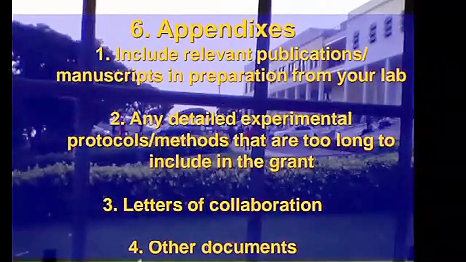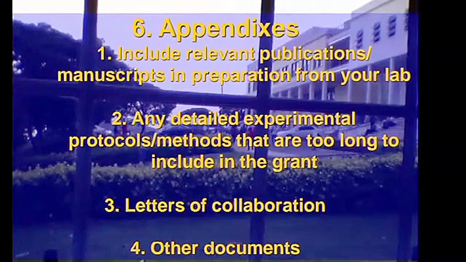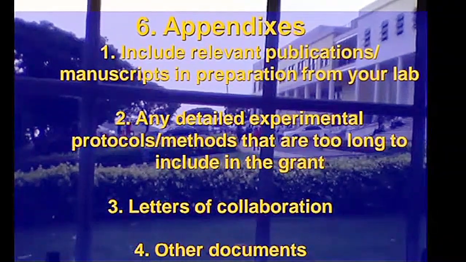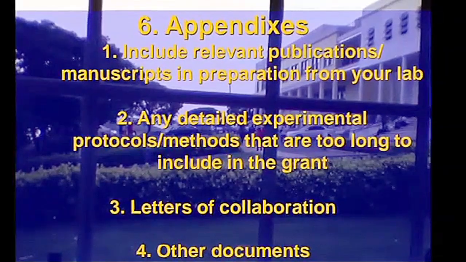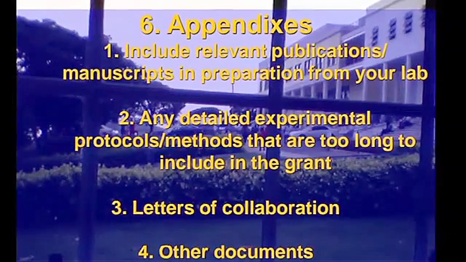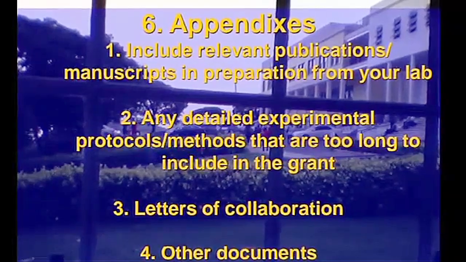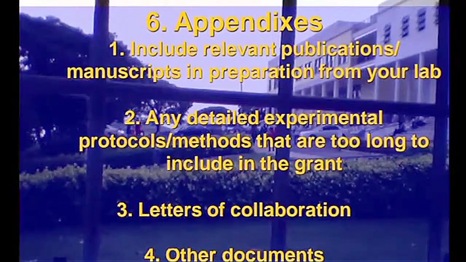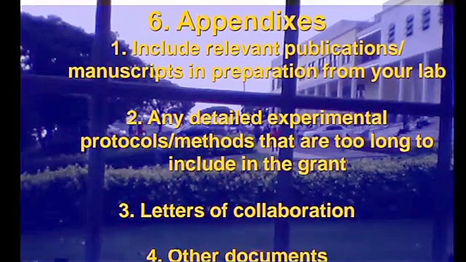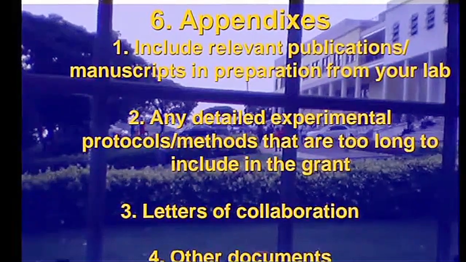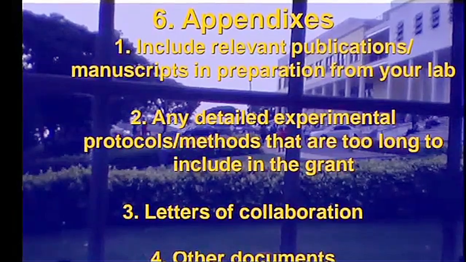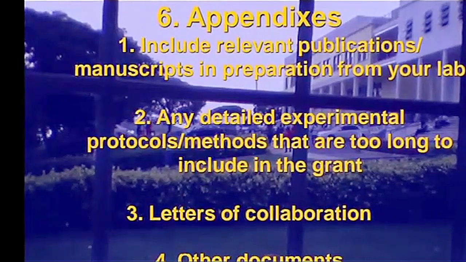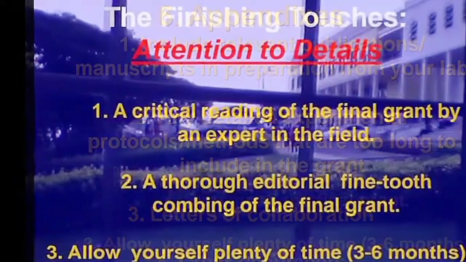Appendices should include relevant publications or manuscripts in preparation from your lab, any detailed experimental protocols that are too long to include in the body of the grant, any letters of collaboration from other investigators or scientists that provide some expertise not available in your lab, and other documents in the appendices could be relevant to lab space, equipment available, and personnel available to perform the research.